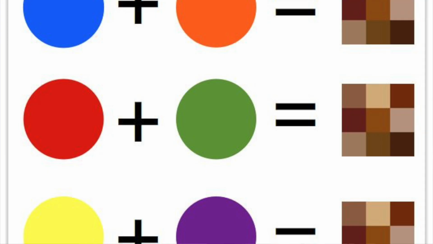If you take green, which has two colors, and you combine it with red, which is the third color, in other words, now you've got all three primaries blended, you get a tertiary color, three colors blended, and that goes into brownish hues.